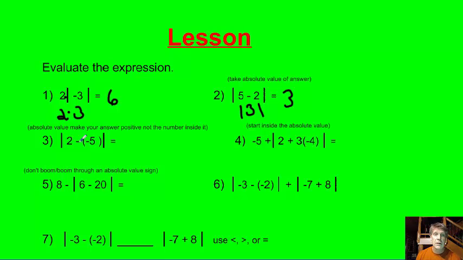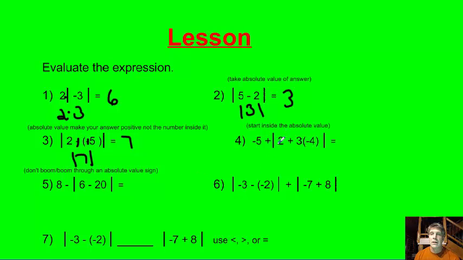So let's figure it out. 2 minus negative 5. Well, you remember, you've got to go boom, boom. So now I have 2 plus 5, which gives me 7. So now that's the absolute value of 7. And that's 7. So again, it's the absolute value of your answer. That's going to change it to positive. Don't flip these. Get the answer first.